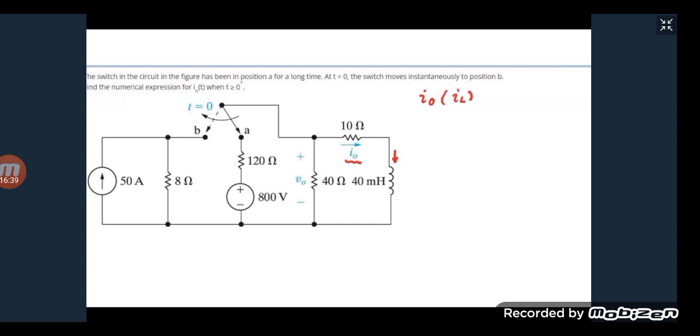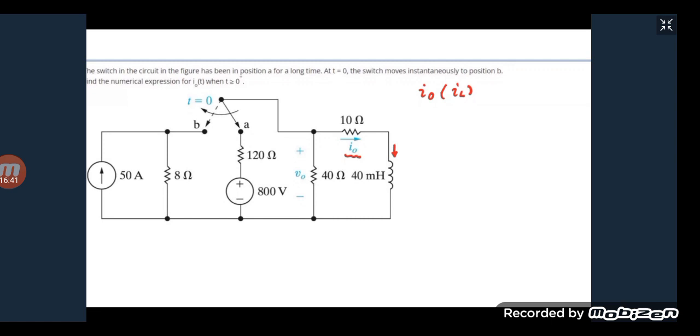So we can use the quick method by finding I is equal to I final plus, and then find when the time approaches infinity, the three parameters 1, 2, and 3. Time constant is equal to L over R. Okay, so our objective is to find the three parameters.